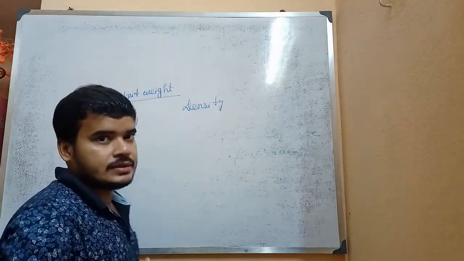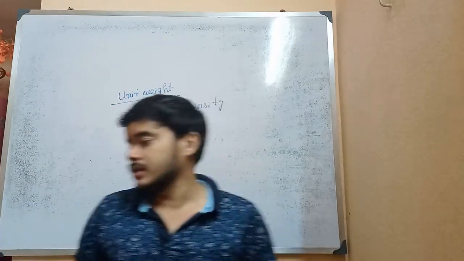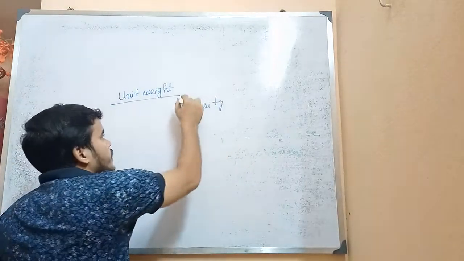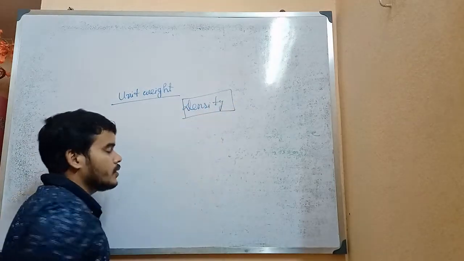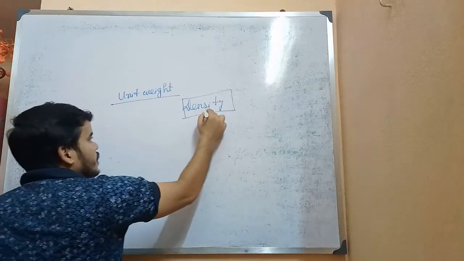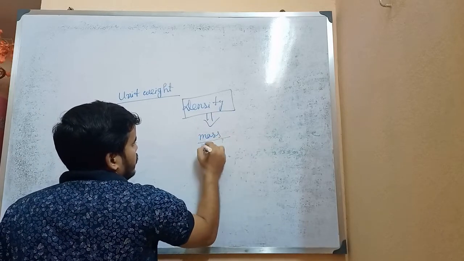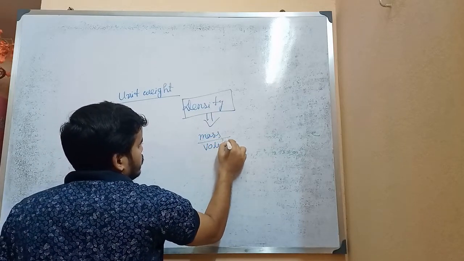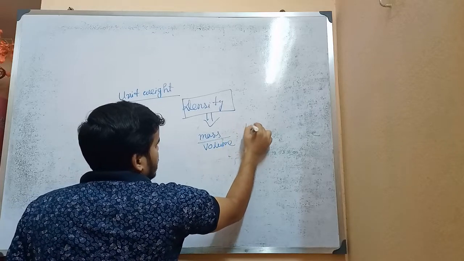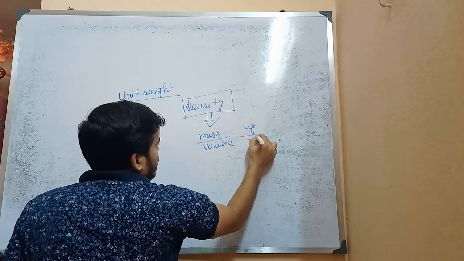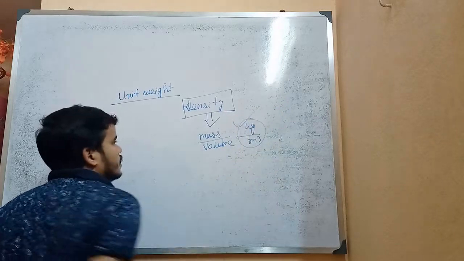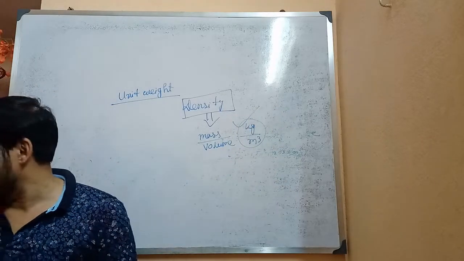Density of air, density of solid, density of soil. We have learned density term there. And what is density? Density equals to mass by volume. Means kg per meter cube.